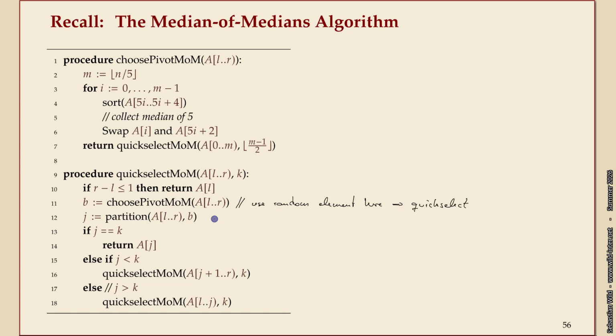So everything smaller than the pivot goes left, everything larger than the pivot goes right. Say the pivot was this element, that's our B. Then this is all smaller than A[B], and this is larger than A[B]. That's what partition is supposed to do.